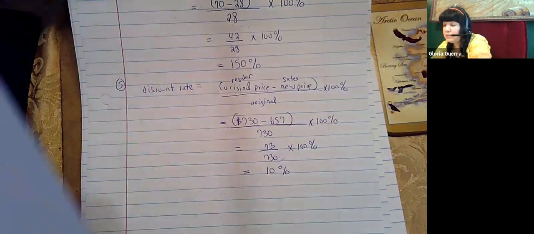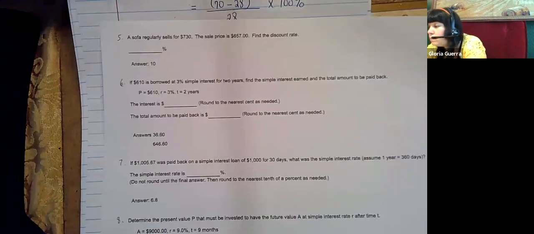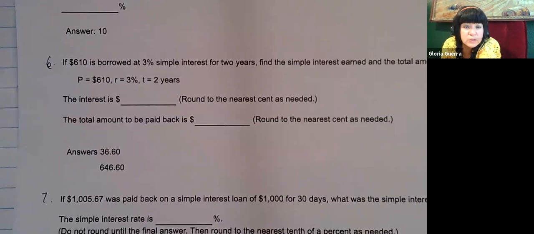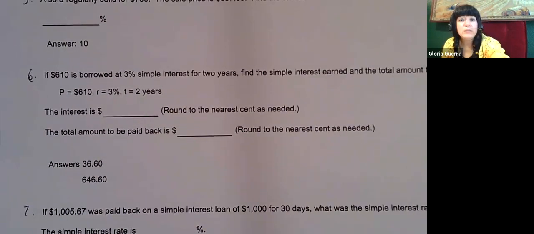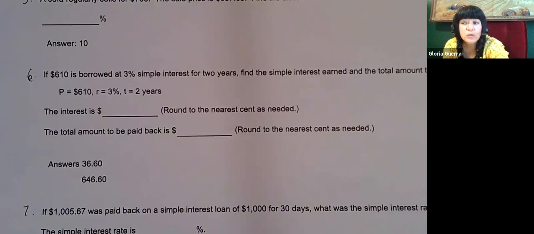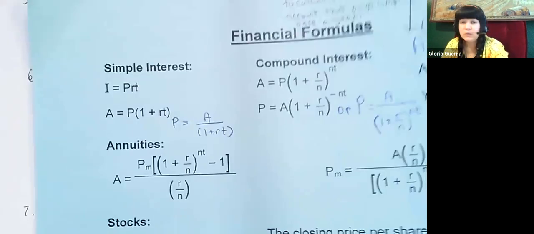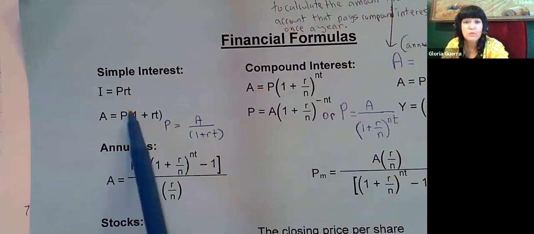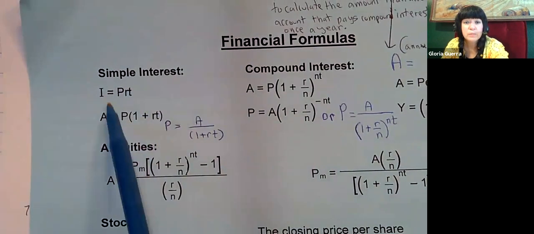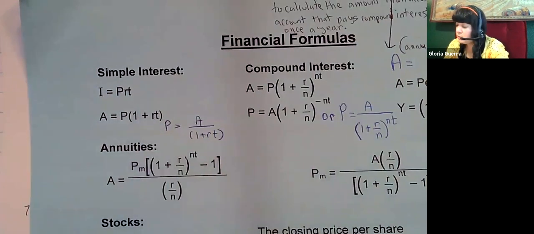Okay, so number 6 says, if $610 is borrowed at 3% simple interest for 2 years. So simple interest. So we're in this little space here. See, simple interest, our formulas revolve around these two here. Okay, so let's see.